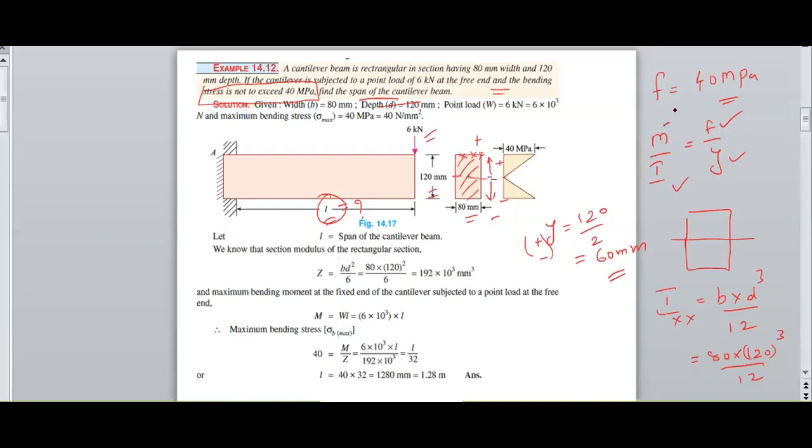Now M is unknown here. So find M by using this formula. Now M will be a known value by substituting all these values, and the unit for M is newton or kilonewton mm.